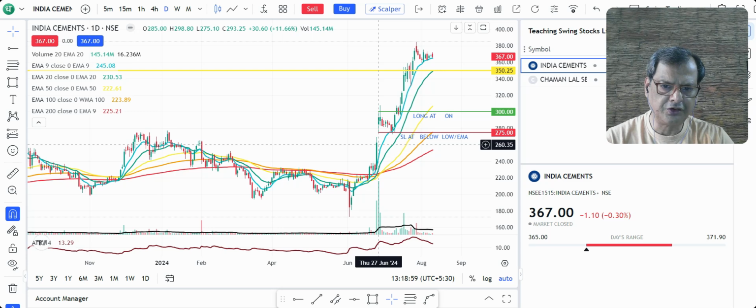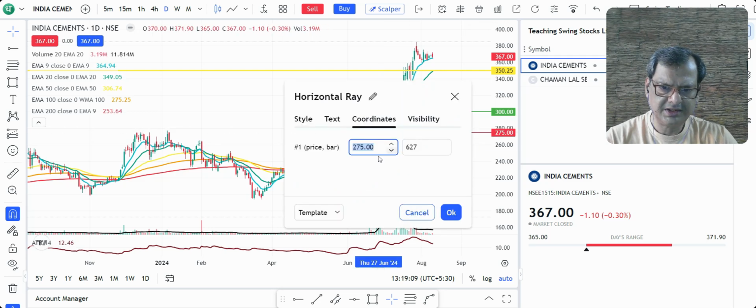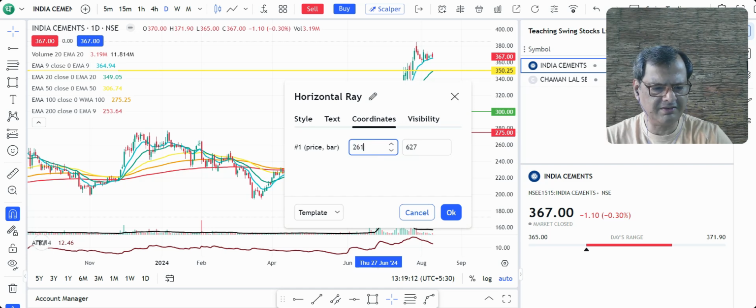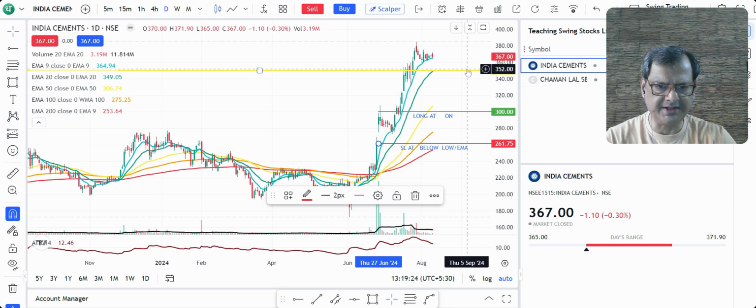But still, had they kept their SL at 1 ATR below the low of this candle, that would be around 262. So I'll place this at 261.75 or something, like I spoke about. So their SL would have been here, still above the 9 EMA, but it would have been a decent SL. Then they would have still believed in that trade.